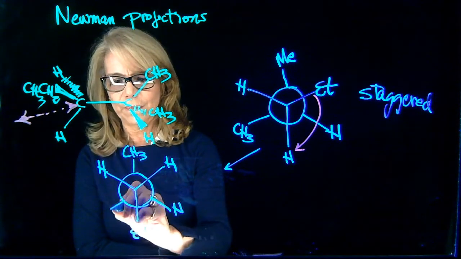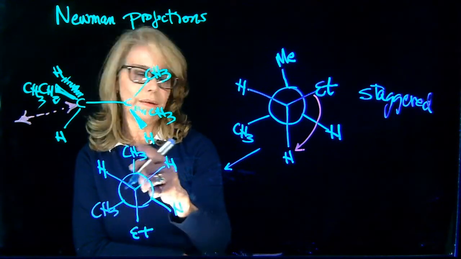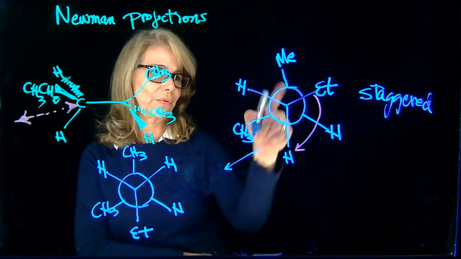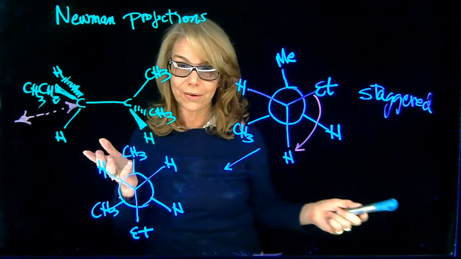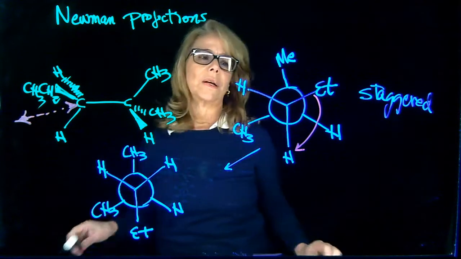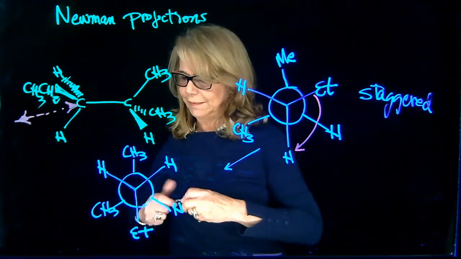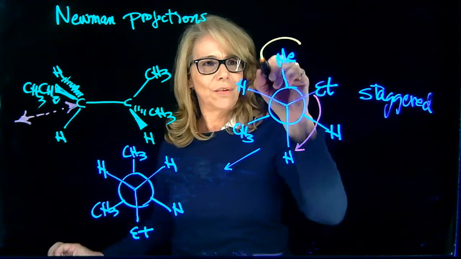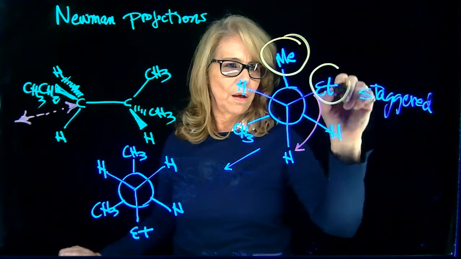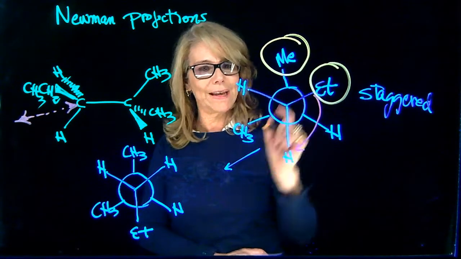And now in this conformation, the methyl is no longer close to the ethyl. I did another conformation to account for the interactions. So here I had them close and somewhat bumping into each other, which contributes to that torsional strain, that interaction.